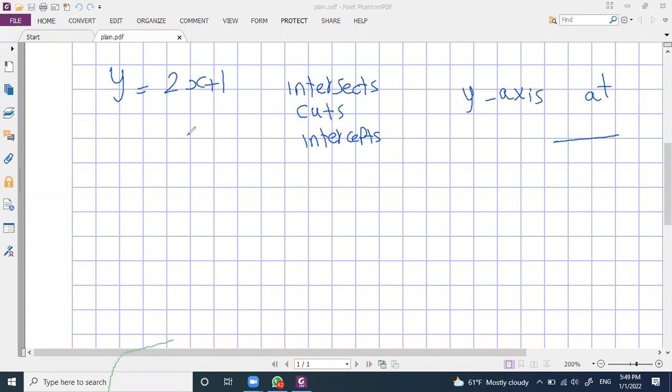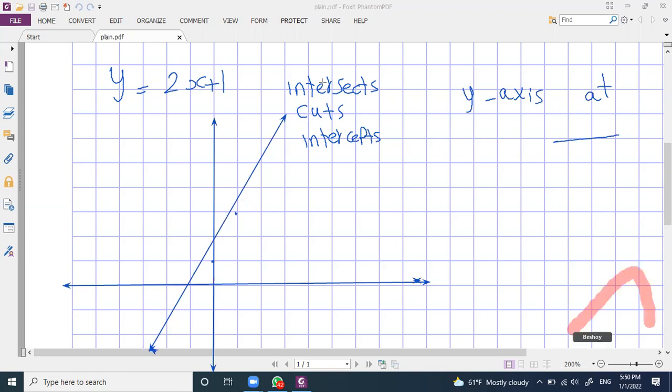You know, when we graph a straight line, this line is going to cut the x-axis and the y-axis.